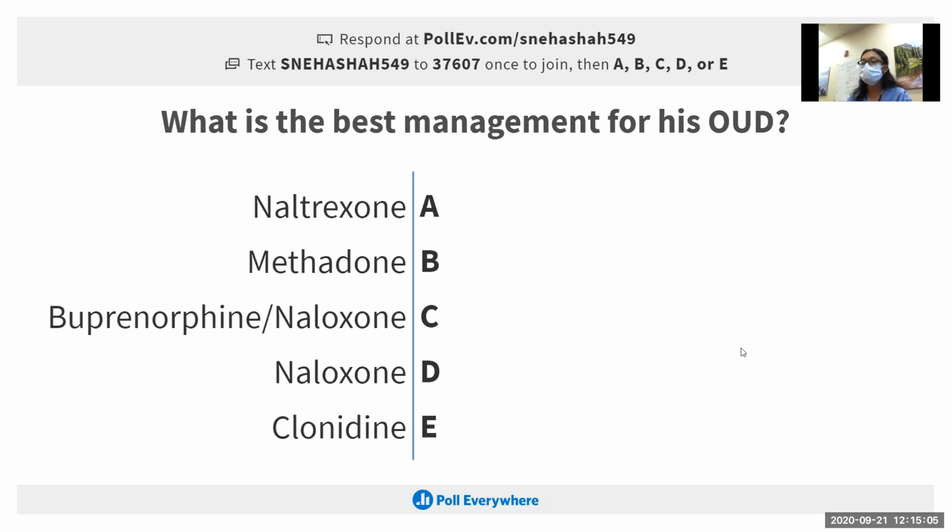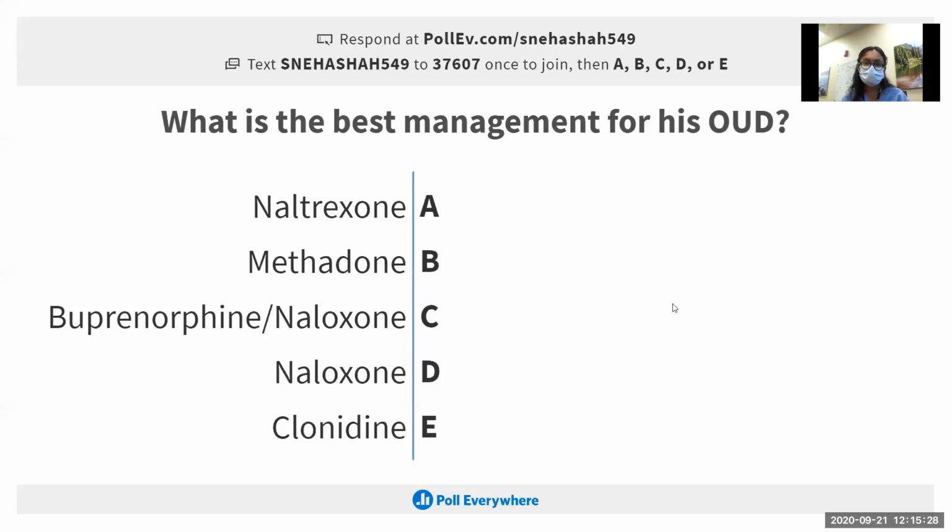And so sometimes, we know that highly functioning people can have use disorders, but he may not be somebody that can make it to a methadone clinic every day because of his demanding job, or because of any job that a person has. So take those social factors into account when you're thinking about which medication would be best for them. So yeah, I also thought that buprenorphine naloxone would be a good treatment for him.